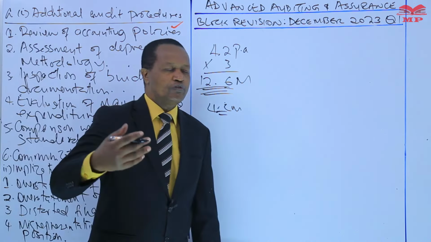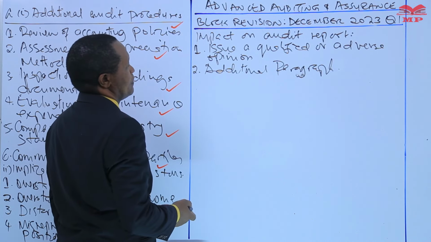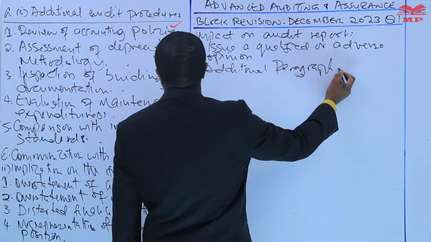It would also highlight the departure from accounting standards and regulatory requirements. Additional paragraph: there will be a section explaining the impact of this mistake. So these are two impacts on the audit report.